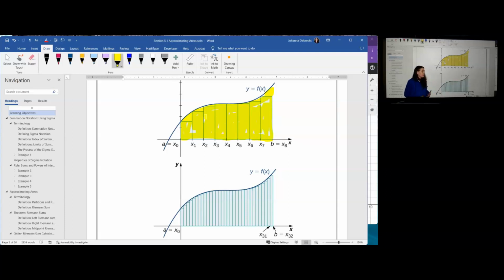The exact area is given by the shaded yellow region, but we can use more and more rectangles to approximate that exact area. Notice that as the number of rectangles increases over the fixed interval from A to B, the width of each rectangle decreases.